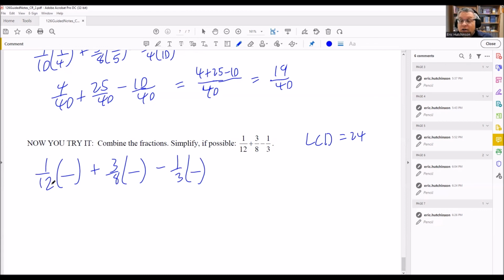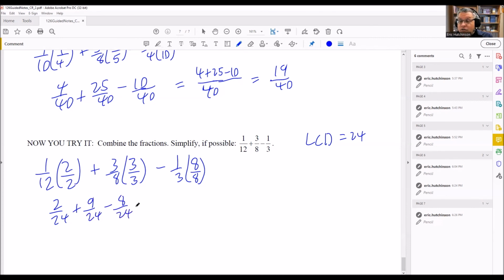In order to get this 24, we'll have to multiply this by a 2. 8 times 3 is 24, so we'll do 3 over 3 here. We need an 8 on this one, 8 over 8. Notice that I'm multiplying all these by a power of 1, so I'm not changing the original fraction at all by doing that. Okay, so this is going to be 2 over 24 plus 9 over 24 minus 8 over 24.